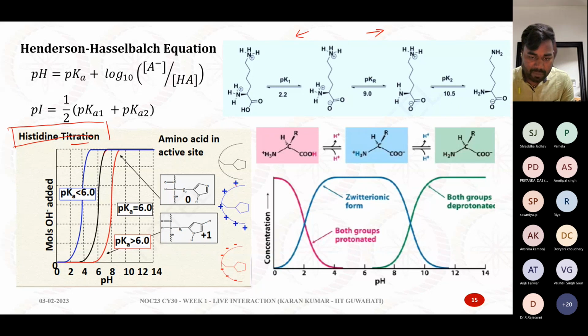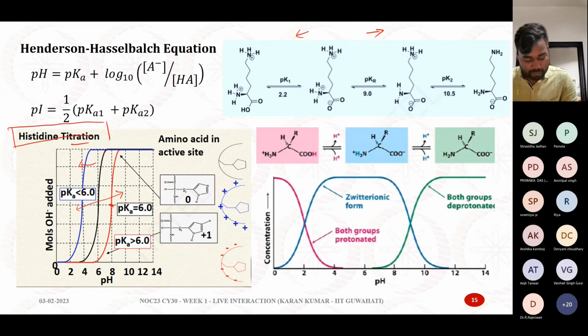If histidine is surrounded by positively charged amino acids, then its pI value will shift to lower pH, and it will hold a positive charge around its surface. If it is surrounded by negatively charged amino acids, then its pI will range up to 8. Thereby, the pI value of histidine covers the entire spectrum of physiological pH.